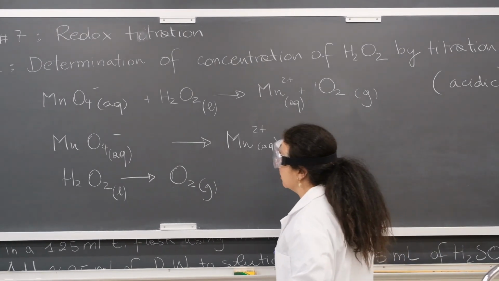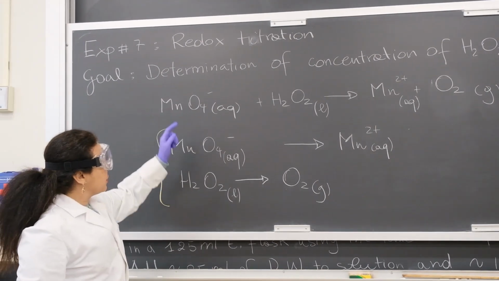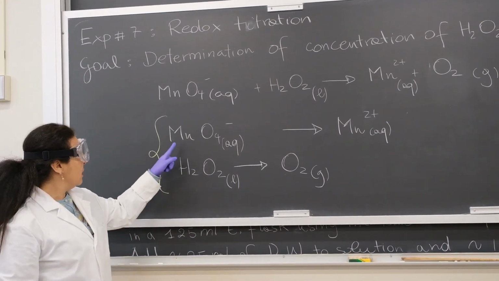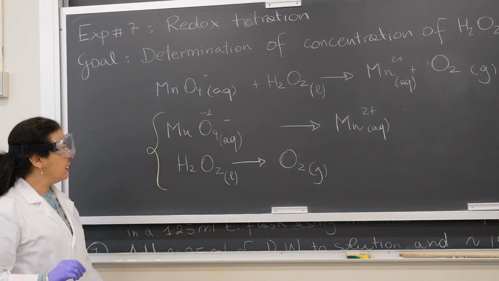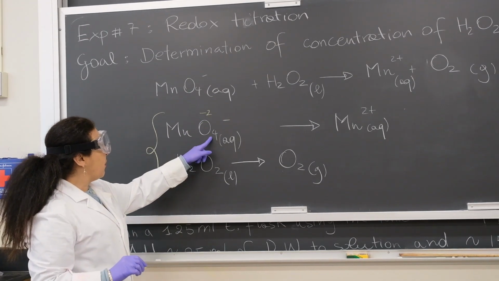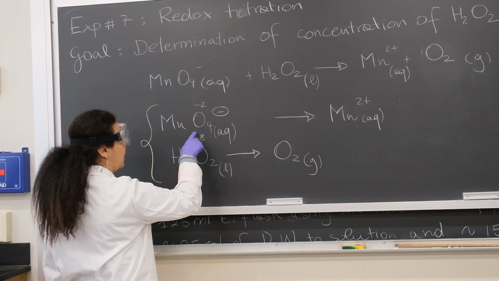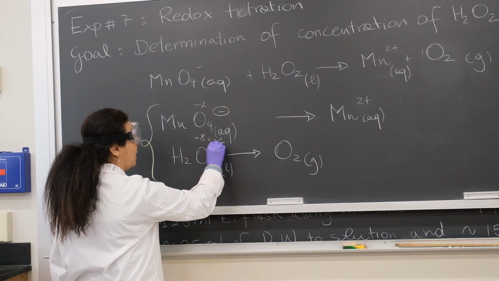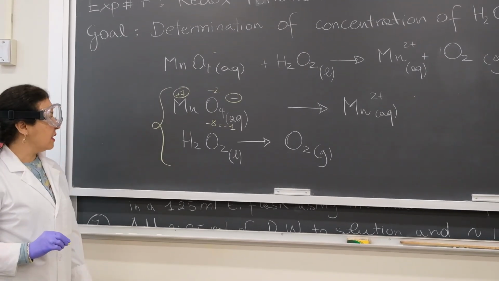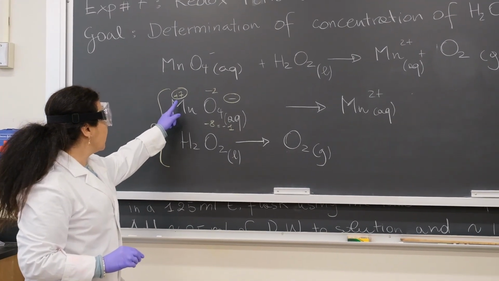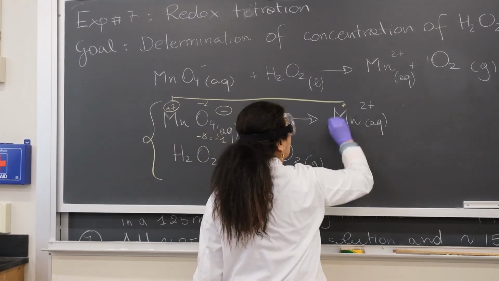learned in chapter 20. So first we figure out the oxidation numbers. If you remember, oxygen is -2, right? 2 times 4 is equal to -8, because the charge of the permanganate anion is -1, so the oxidation number for manganese is +7. So manganese goes from +7 to +2, okay?